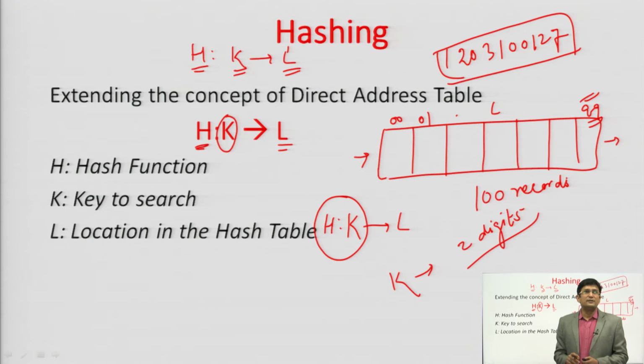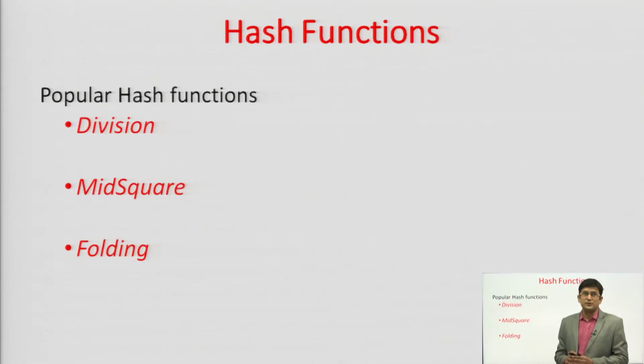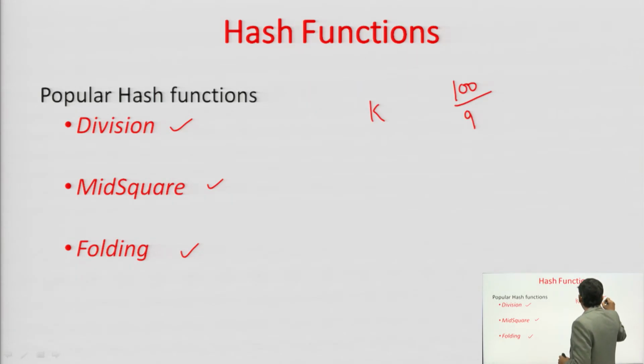Now let us look at some of the hash functions. The popular ones are the division method, the mid square method and the folding method. There are many more, but these are the popular hash functions. So what does the division method say? Let's say we have a key value and a hash table of size 100. The locations will vary from 0 to 99.